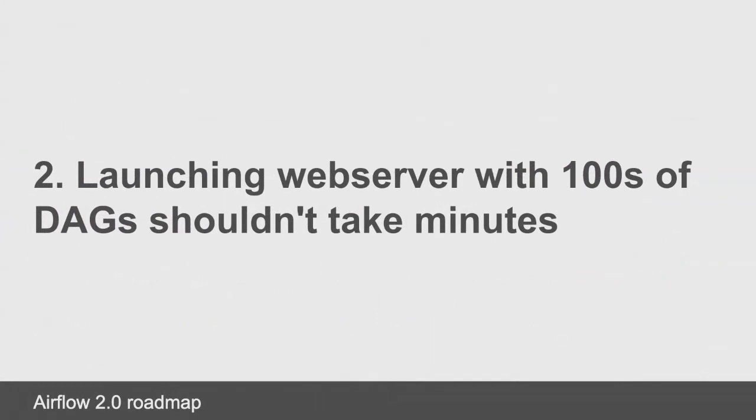Myself, Kaxil, and someone from Google in Seattle, I think, have started working on changing how the web server deals with DAGs. It does not have to go to files on disk at all and reads from the database instead. But to start with, that's just focusing on the web server, making that more performant in startup time. But once we do that, it gives us some extra things to change how the scheduler works to fix that.